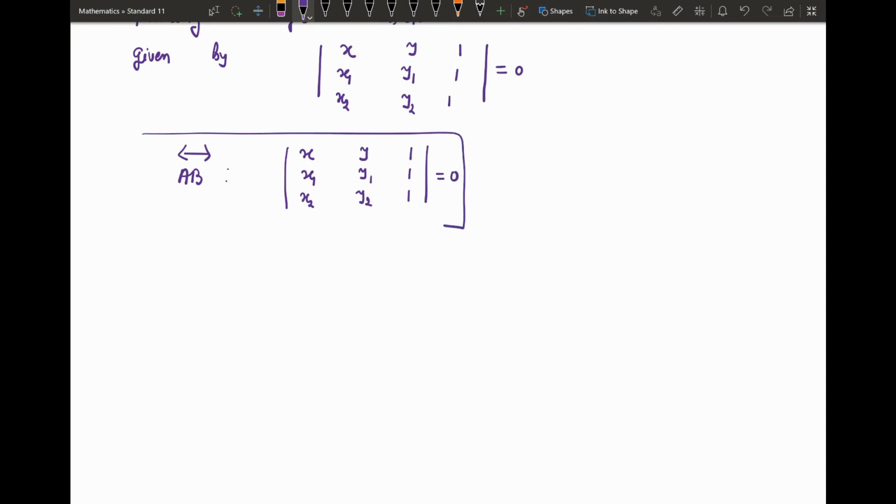So this is the Cartesian equation of a line passing through two distinct points A x1 comma y1 and B x2 comma y2.